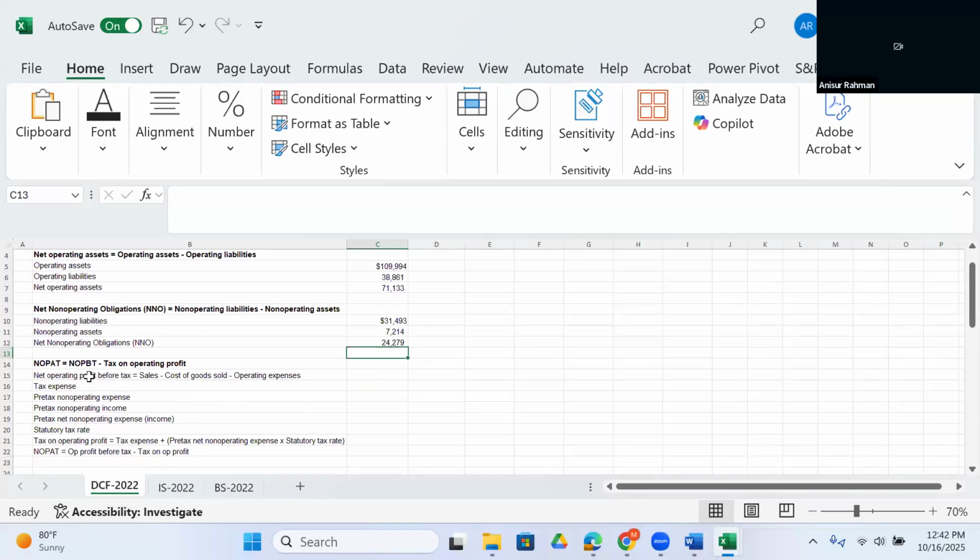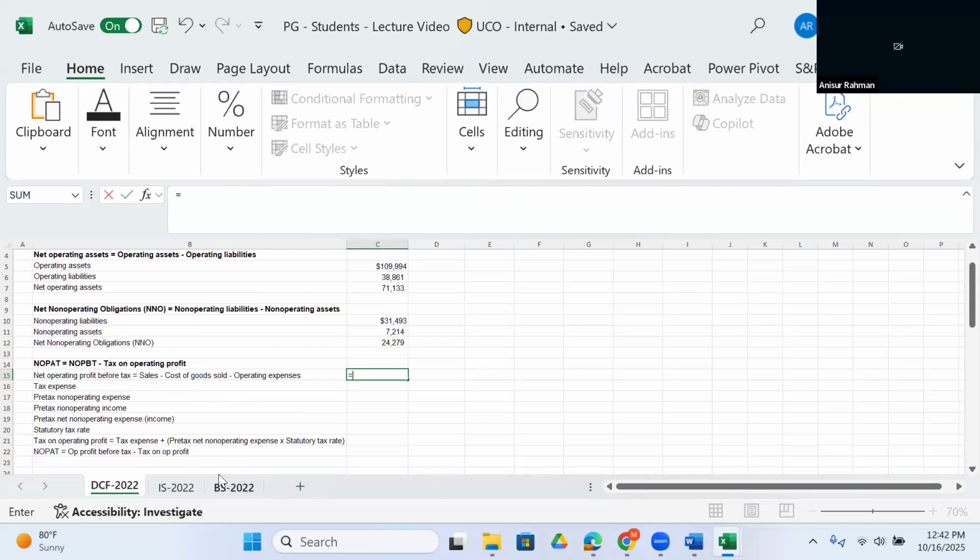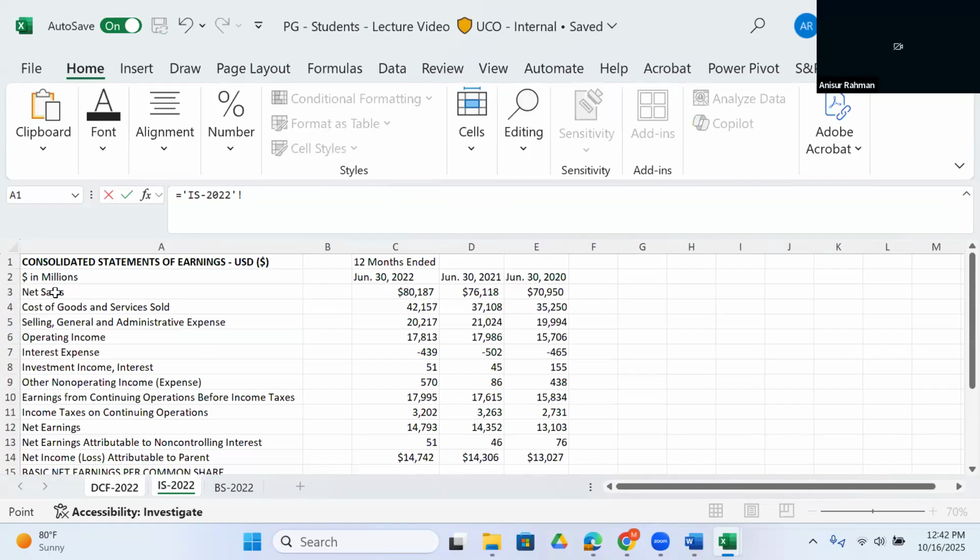Now NOPAT, net operating profit after taxes, which is net operating profit before tax minus tax on operating profit. So net operating profit before tax will be sales. I'll go to the income statement. Sales minus cost of goods sold, this, minus operating expenses, this.